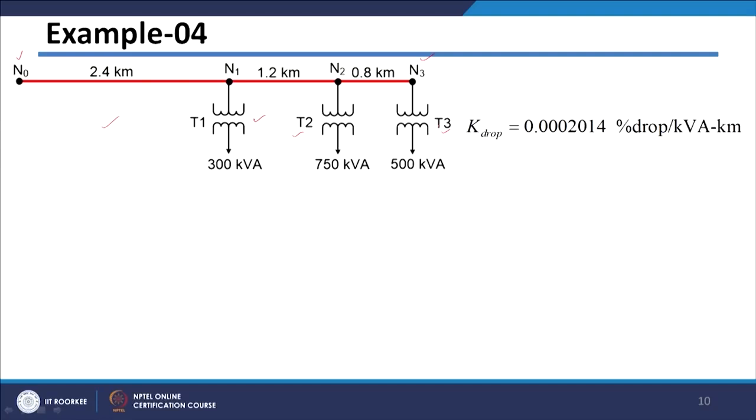The lengths of different feeder sections are mentioned here: the first feeder section is 2.4 kilometer, then 1.2 kilometer and 0.8 kilometer, and the 3 loads are 300 kVA, 750 kVA and 500 kVA. Let us say the K drop factor of this particular feeder is 0.0002014%. I want to calculate the total drop from point N0 to N3 if the loading of my feeder is as given in this particular figure.